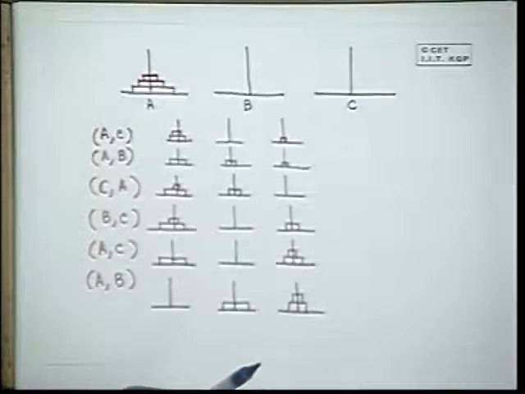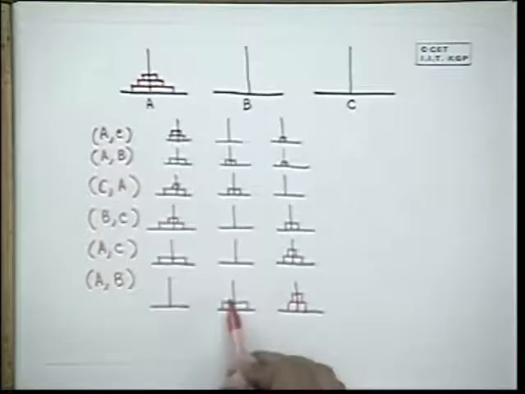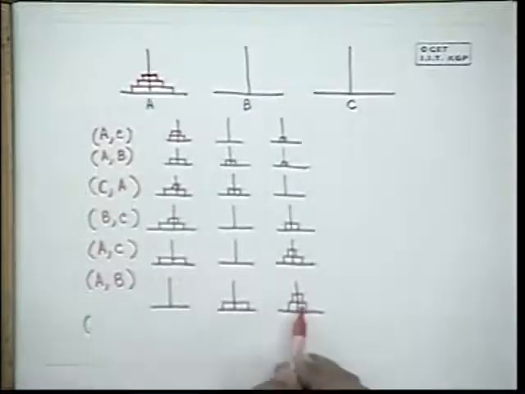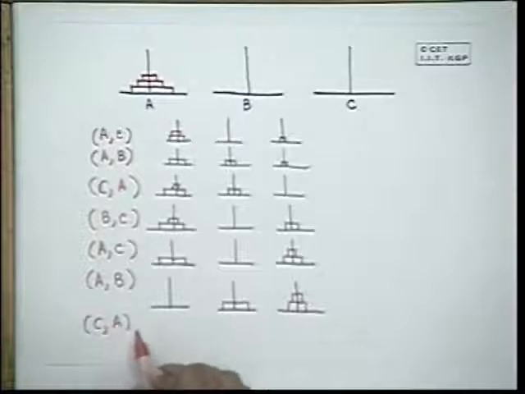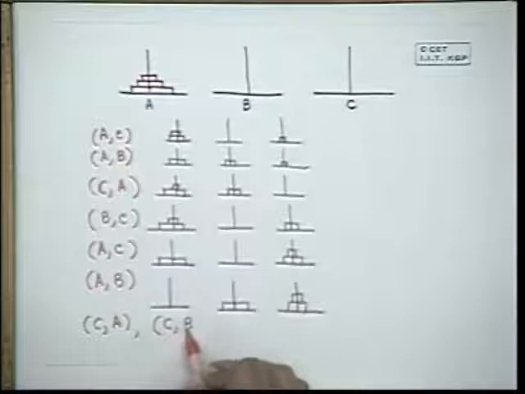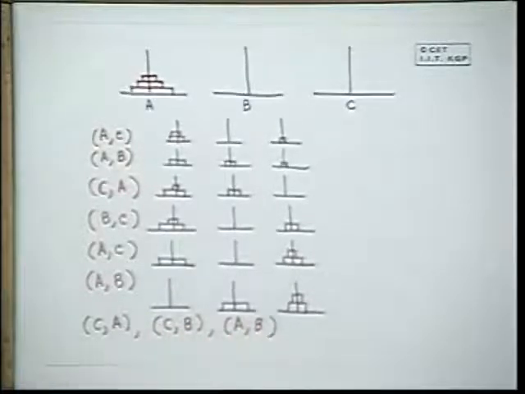I can use the problem of induction, and I can straight away write out that to solve this one, I will move this one here, this one, next one here, and this one back. So this sequence of steps is C to A, C to B, and A to B. I hope I do not have to write down these diagrammatically, it's quite clear.